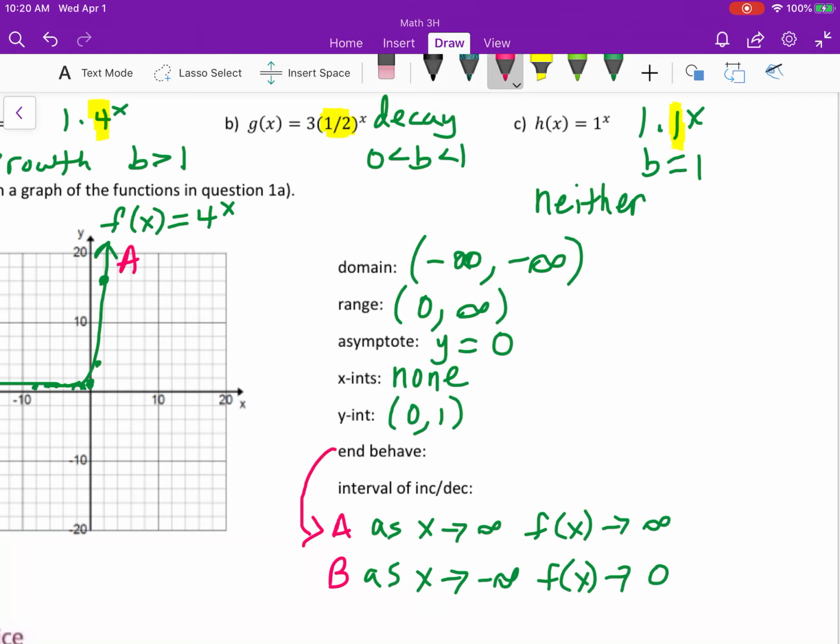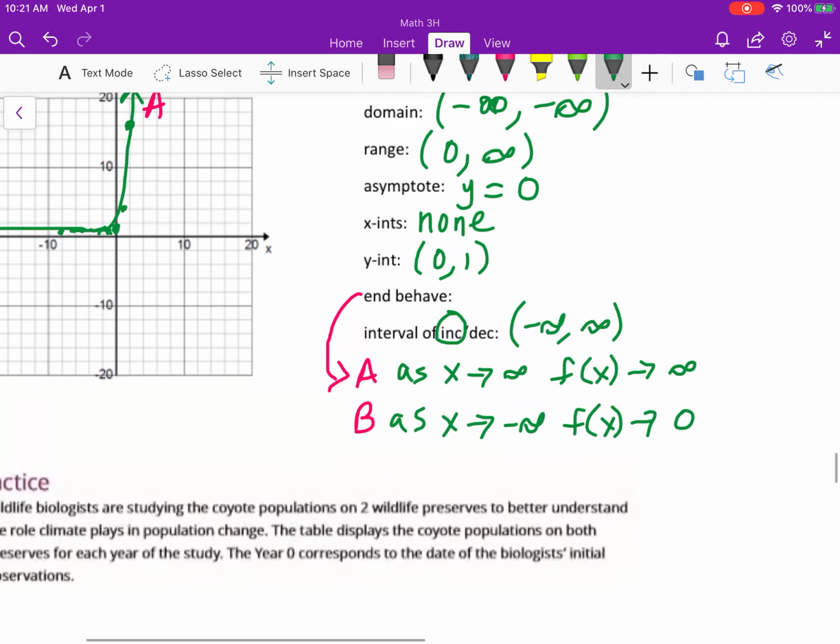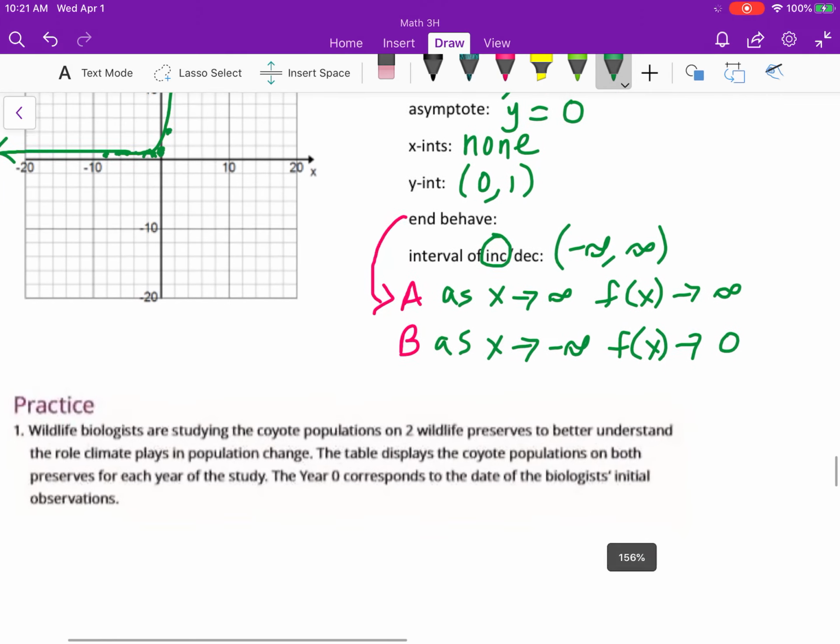But some of you still need the practice with that end behavior, so make sure you do so. Anyway, now my interval of increase, decrease. Well, obviously, this is an increasing function, so I'm going to circle increase. And it's going left to right, so basically we're just dealing with negative infinity to infinity. Okay? So that's the basics of this section.